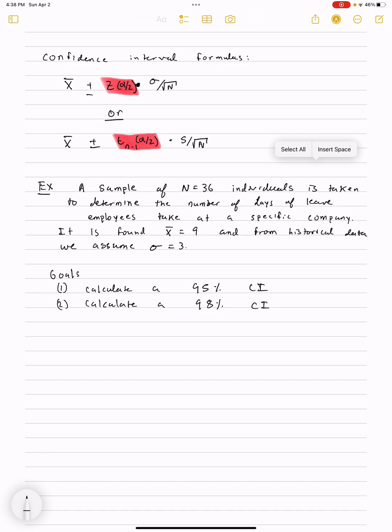And if you're wondering when to use each of these, well, the formula here has a population standard deviation. So to use this formula, we need the population standard deviation, a value of the population.